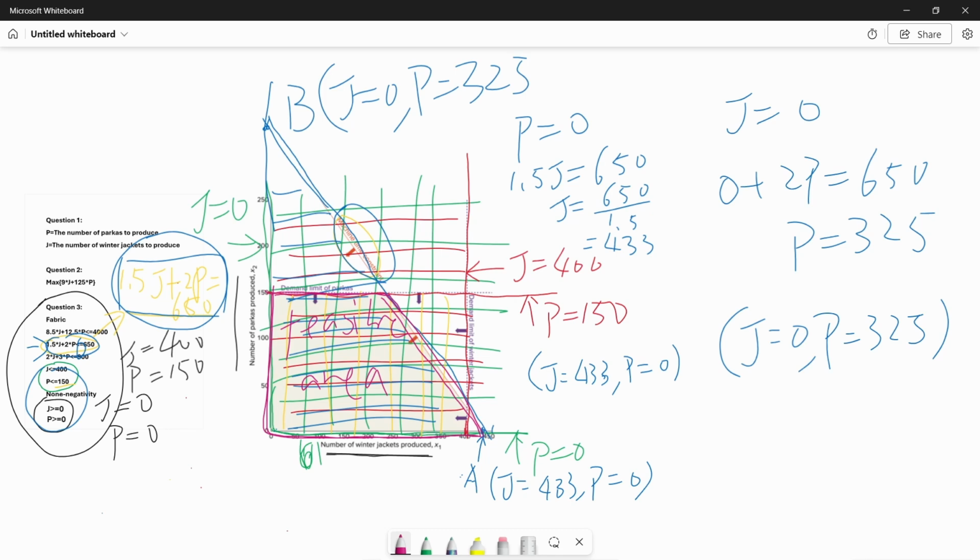Okay, so like I said, we still have 2 more constraints, so let me show you the final answer, okay. We will work the same way, using the same method, to identify the constraint for the fabric, and the last constraint is the labor. Okay, let me pull up this result.